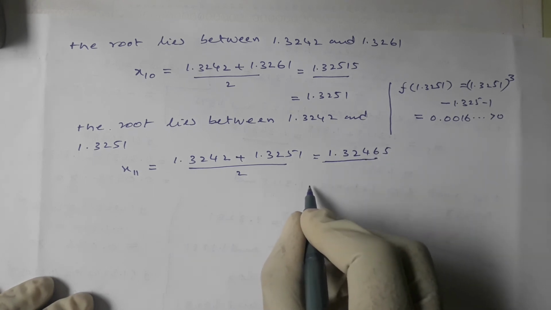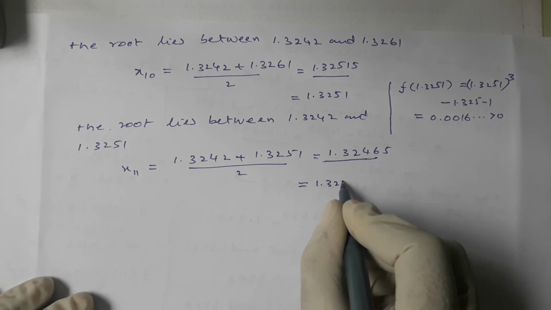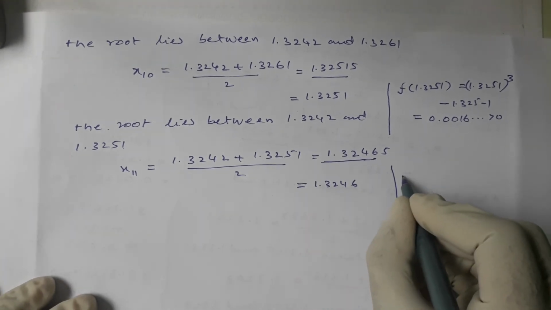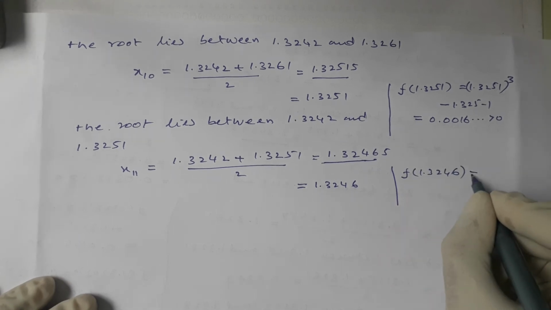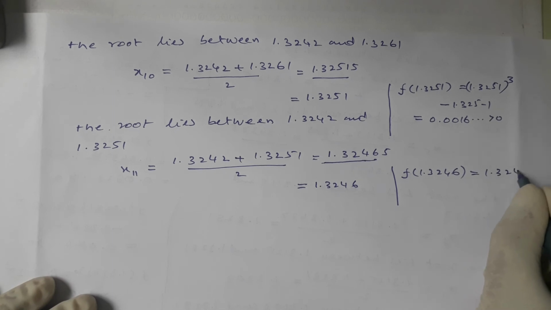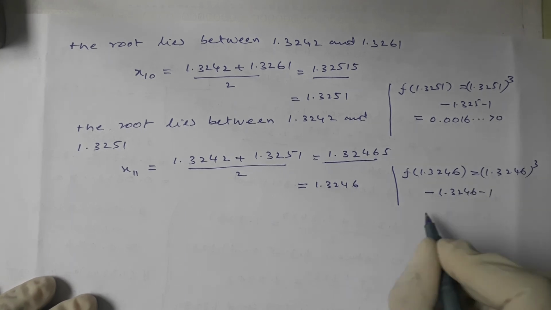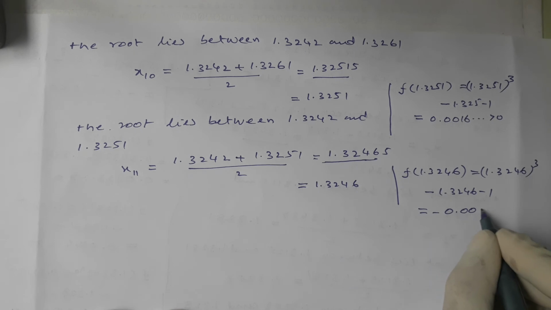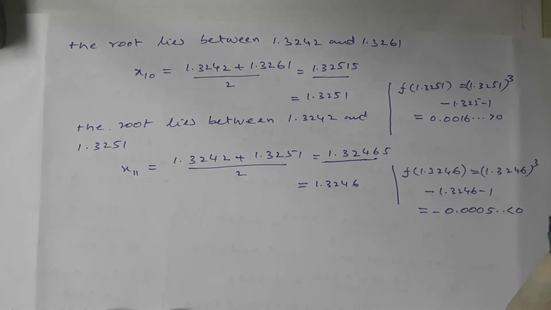But I will take only this part, 1.3246. Next, f of 1.3246 is equal to 1.3246 whole cube minus 1.3246 minus 1, which is minus 0.0005. It is less than 0.